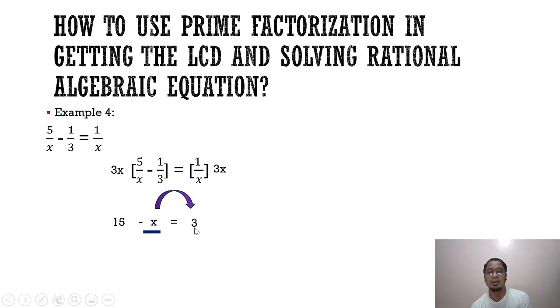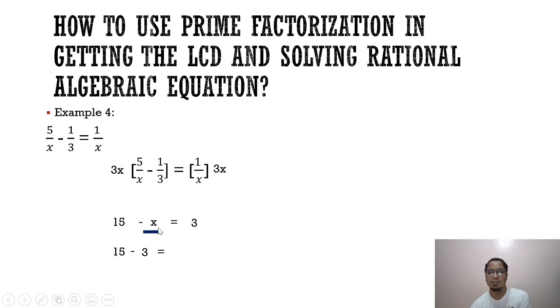Paano yung 3? Palipatin mo naman po sa kabila. By doing that, we will come up with 15 minus 3. So yung positive 3 dito, paglipat sa kabila dahil tumawid ng equal sign, naging negative.